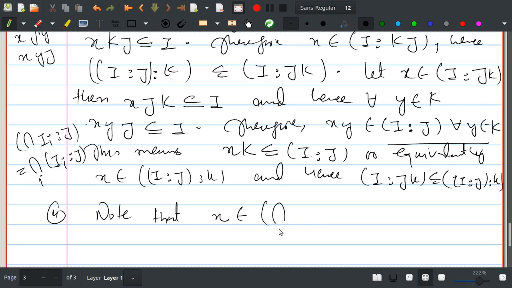So x will be an element of this set if and only if xj is contained in the intersection of these ideals.